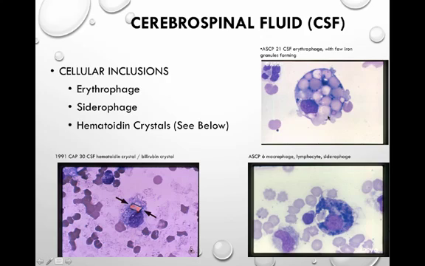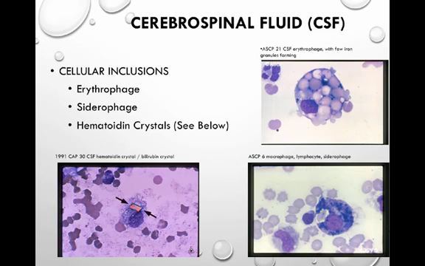As the digestion of red blood cells takes place, the erythrophage becomes a siderophage, and we see siderotic granules here in the lower right. So this is after engulfing and after digesting.